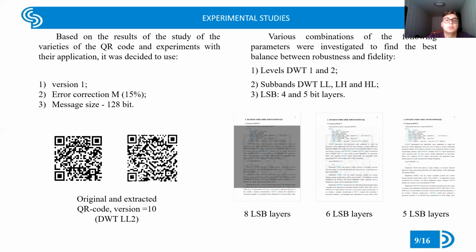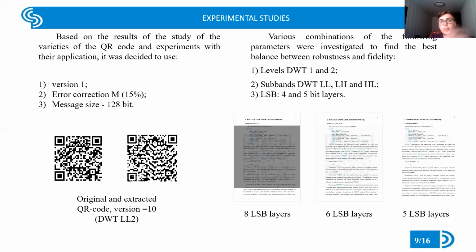Based on the results of the study of the varieties of the QR code and experiments with the application, it was decided to use version 1, error correction M, message size 128 bits.